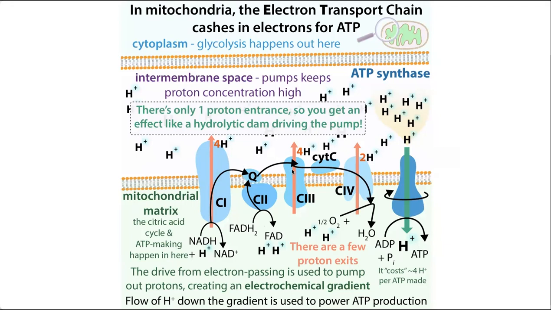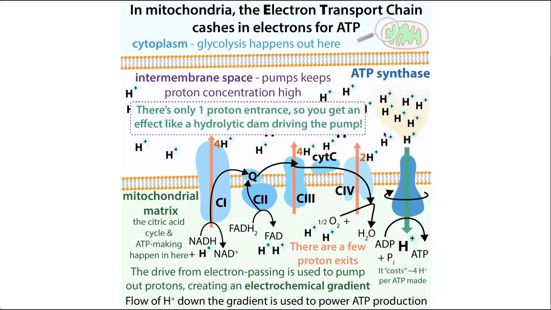Complex 3 passes those electrons onto cytochrome C. Cytochrome C is then going to pass those electrons onto oxygen in complex 4. Both complex 3 and complex 4 pump protons out along the way, and together with the protons pumped out in complex 1, this contributes to creating a proton gradient.